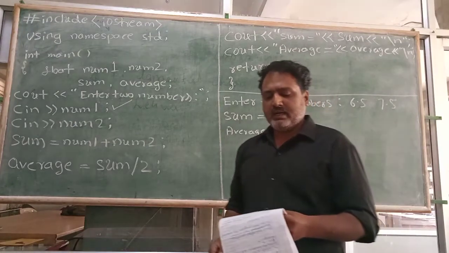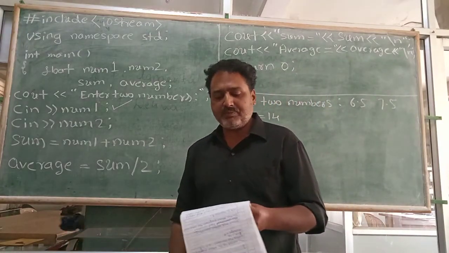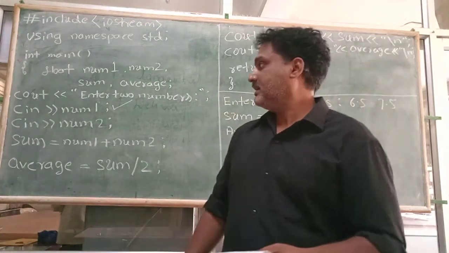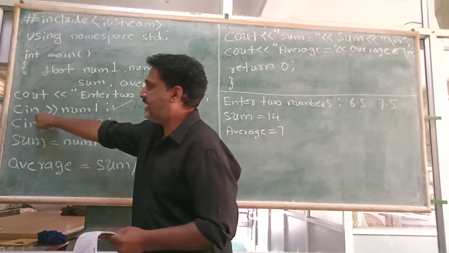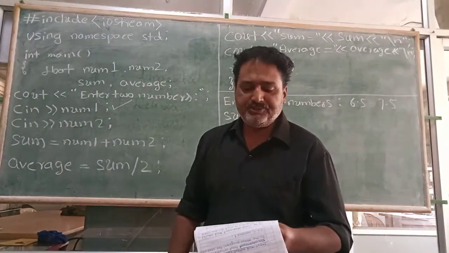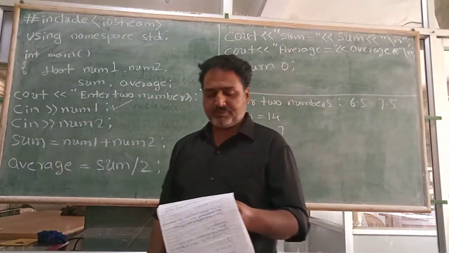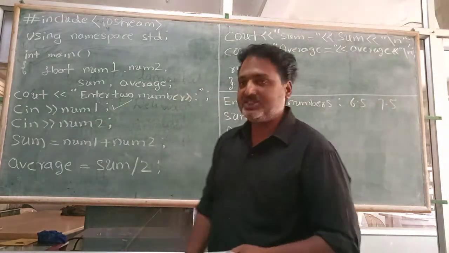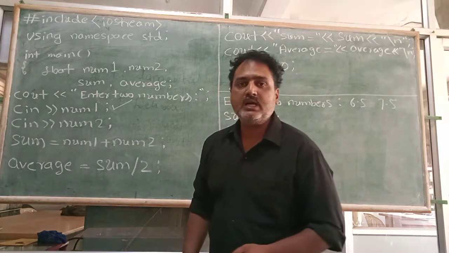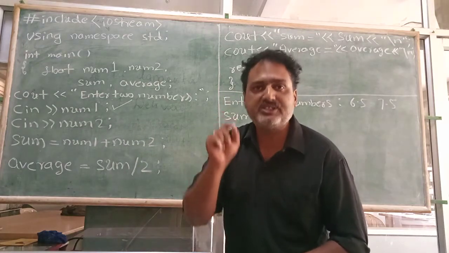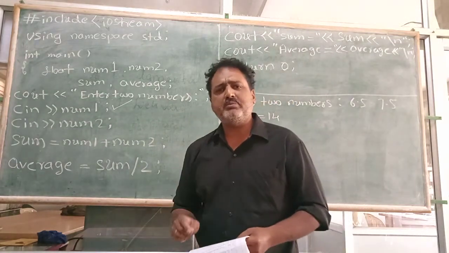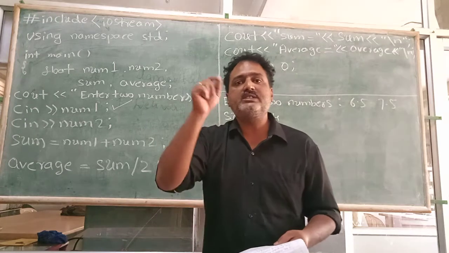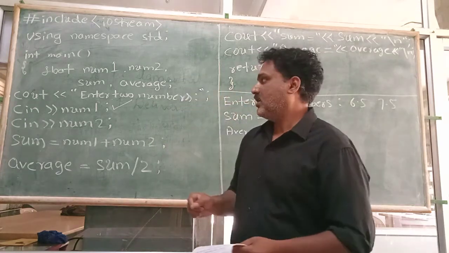Here the identifier cin is a predefined object in C++ that corresponds to the standard input stream. What is meant by stream? Stream means sequence of bytes.